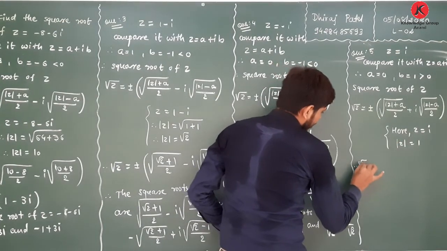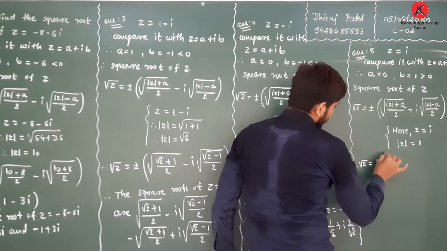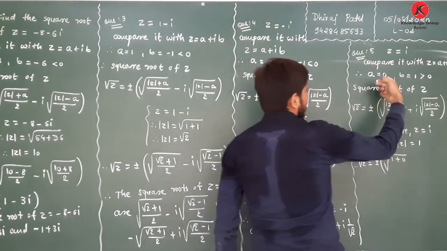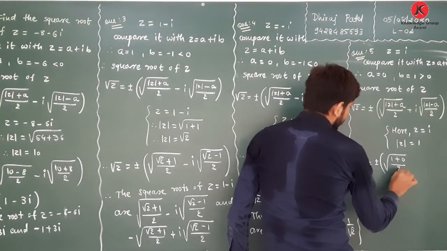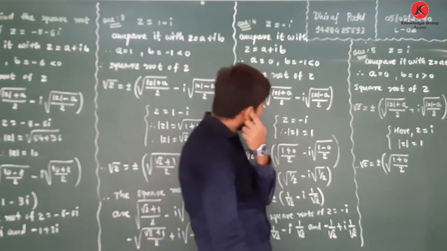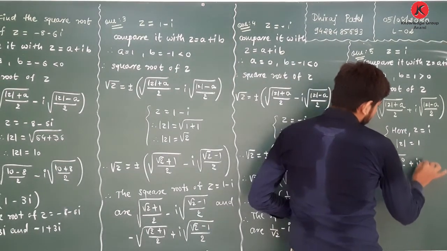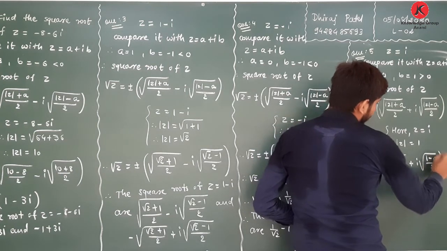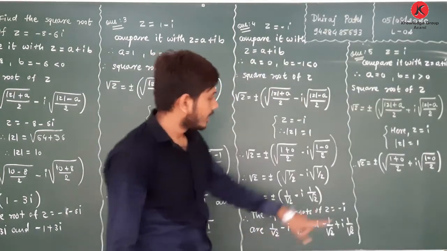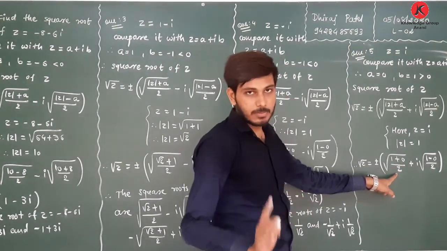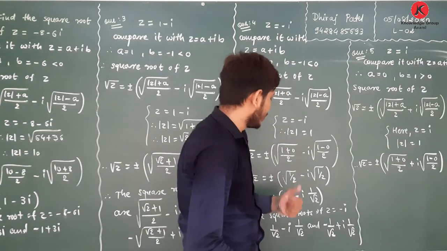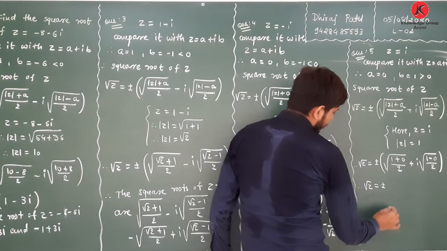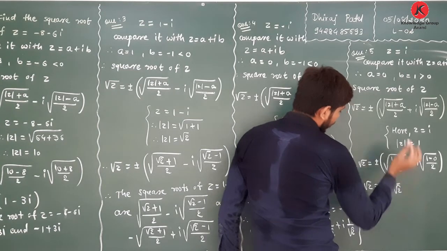We are getting under root of z equals to plus or minus under root of (modulus z equals to 1 and a equals to 0) 1 plus 0 divided by 2 plus I under root of (modulus z is 1 minus a is 0) divided by 2. So 1 plus 0 divided by 2, 1 by 2 and square root of 1 by 2 is 1 by root 2. Therefore under root of z equals to plus or minus 1 upon root 2.